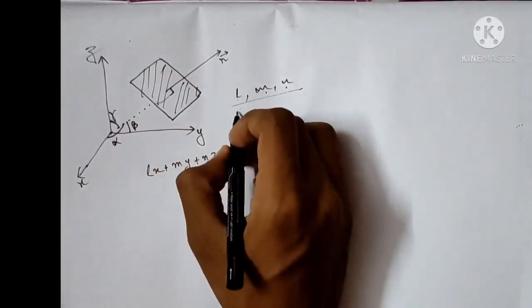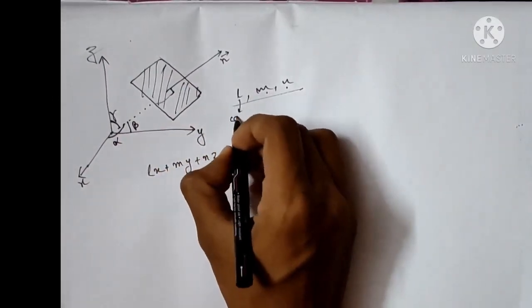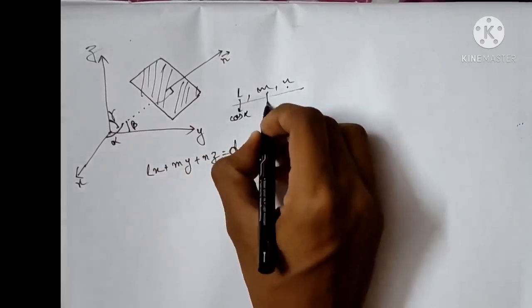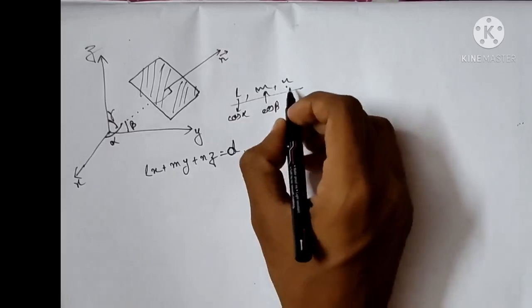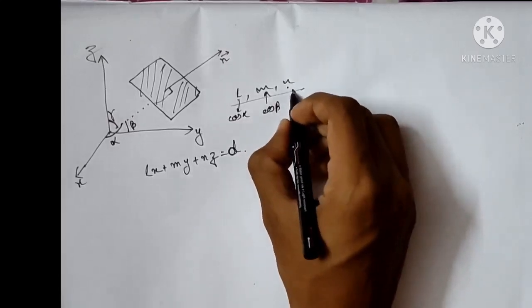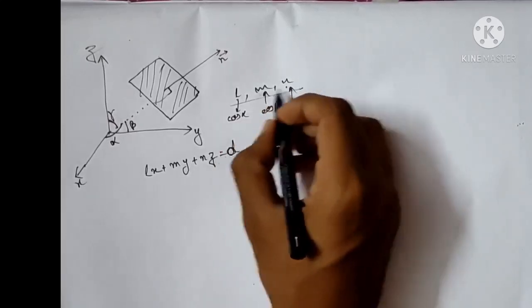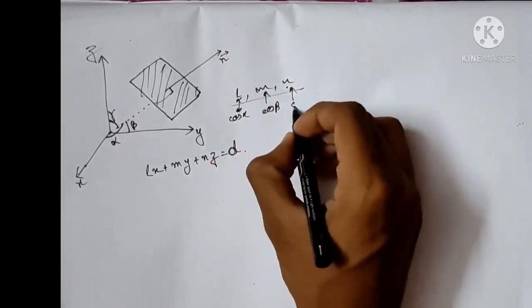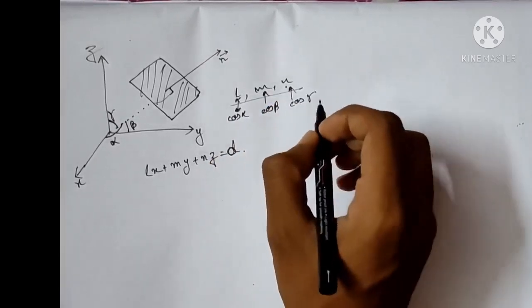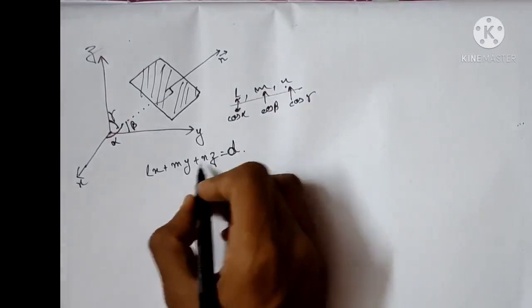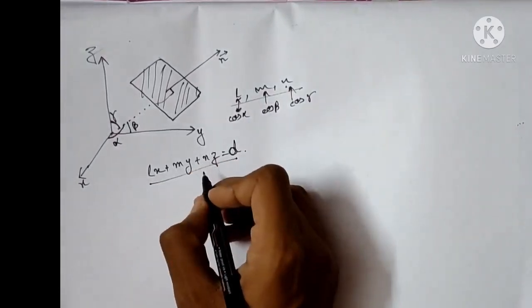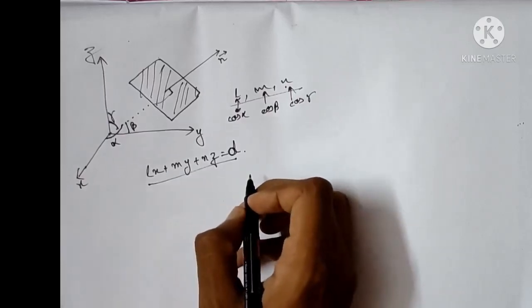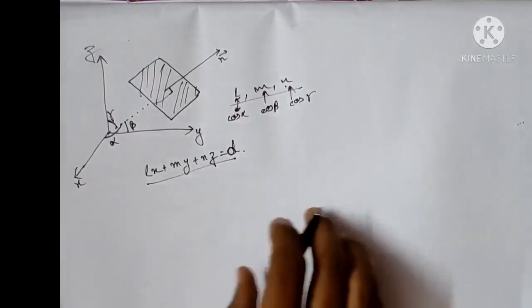So L is cos alpha, M is cos beta, and N is cos gamma. So this would form the equation Lx plus My plus Nz is equal to D.